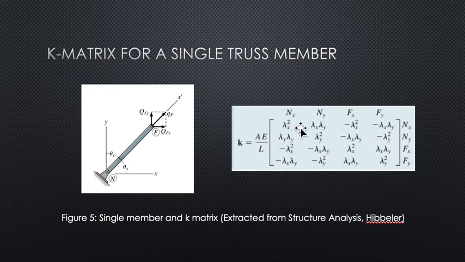And the lambda, they are just the directional cosine of each node. In that case, we have the small k, and then you can see there's an E here and there's an A here. A is just the cross-sectional area of the member. In that case, the K is related to A.